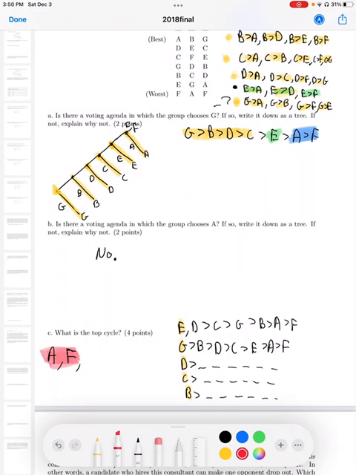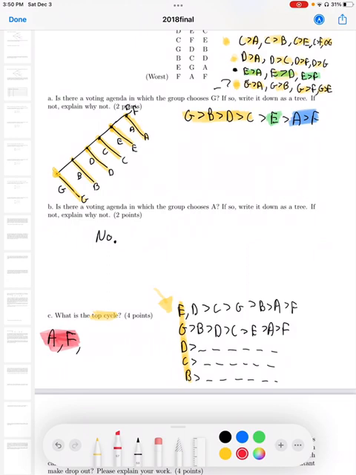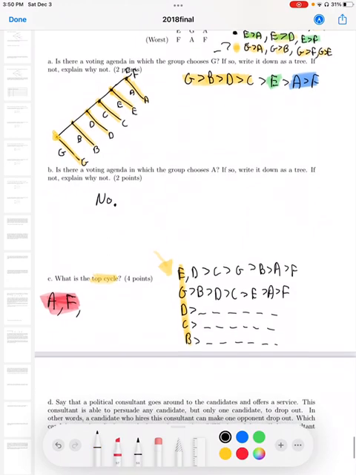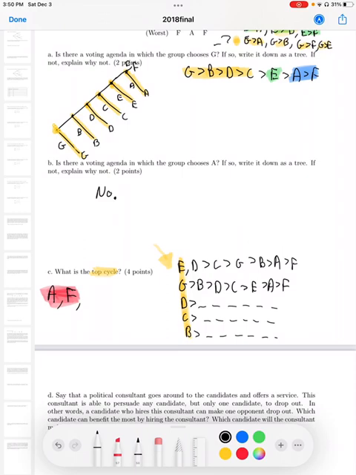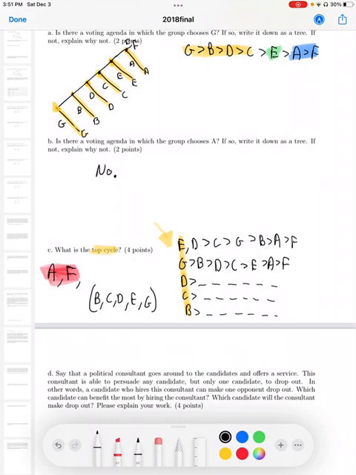And the top cycle basically means which candidates are at the top that are possible to create a game in which they dominate everything else. So all of these would be in the top cycle, and these wouldn't. So the top cycle would be B, C, D, E, and G. And the way you could also write this is just in a little circle.